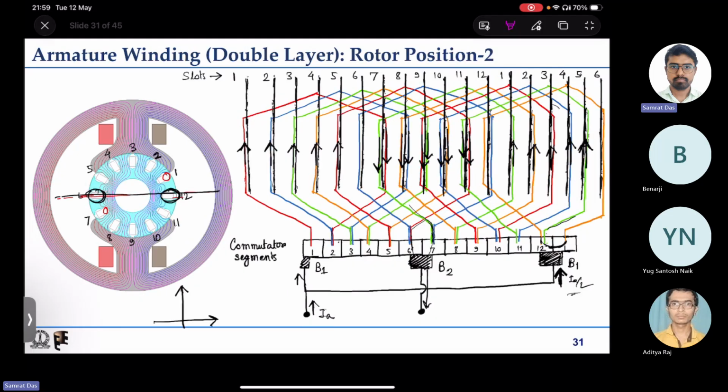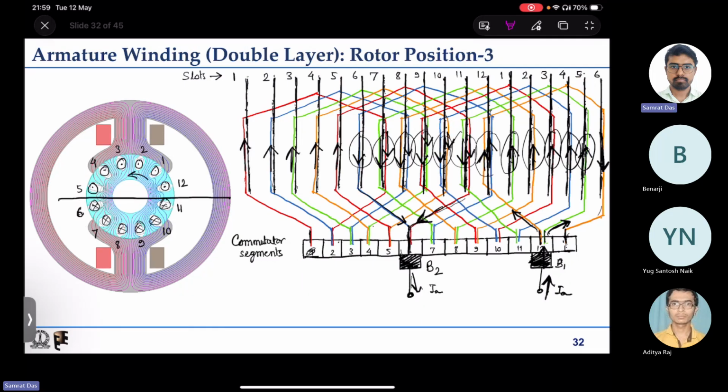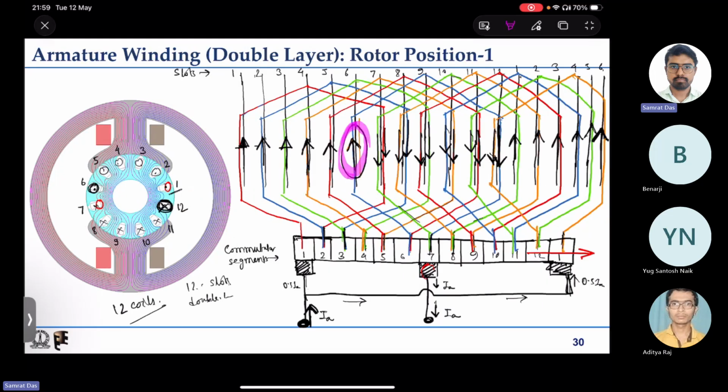If we go next, what is happening there at coil 6? There is no current, right? The next rotor position. What is happening next? This is our coil 6. This is carrying current in the downward direction. So what happened there?